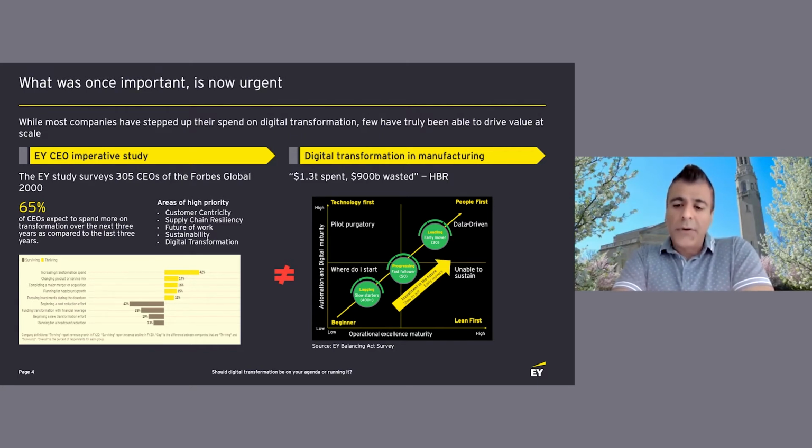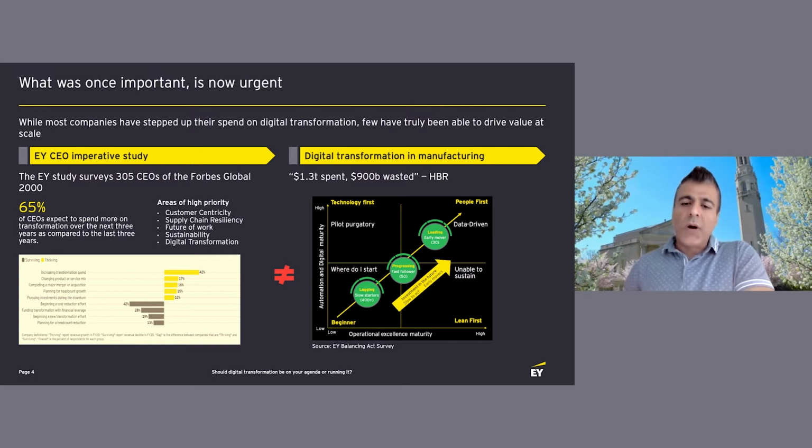And then there are companies that have shifted their focus completely on cost takeout. As you can see from the chart on the left of this slide, there's a clear divide between companies that are investing and thriving versus companies that are focused purely on cost takeout, who are really not seeing the benefits at scale. They plateau at some point and are unable to drive continuous improvement.